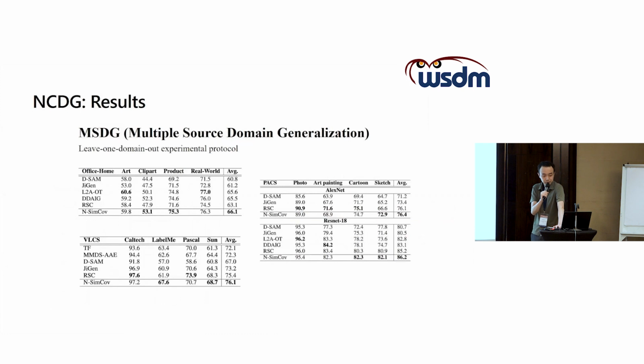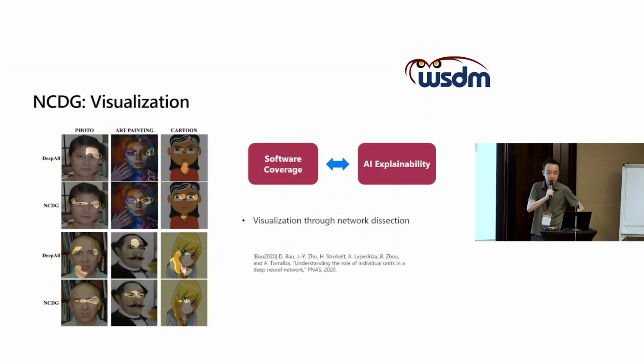One last thing I want to discuss here, which I found quite interesting, is the idea behind this neuron coverage: during training we have some neurons that have not been activated by any of the samples, but during testing a sample activates this inactivated neuron, which leads to the error.